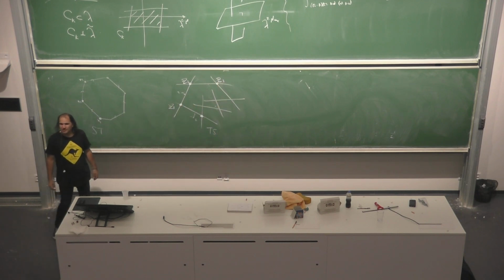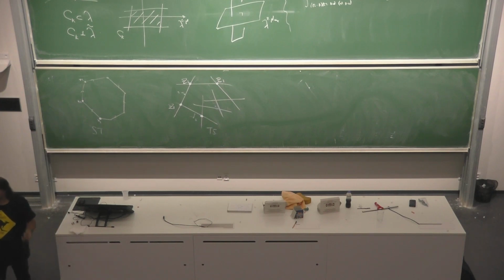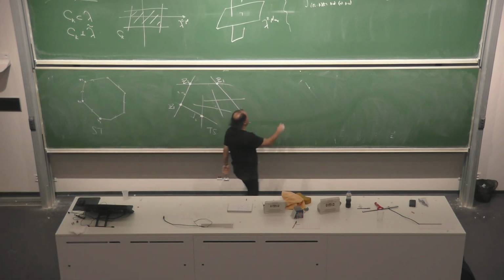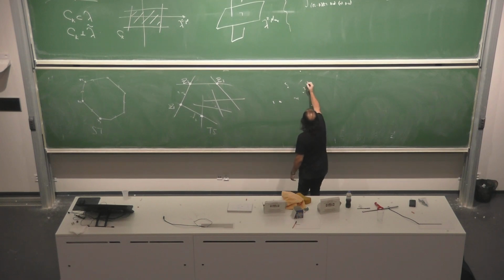In other words, if you just give me n Z's in P3, n points in P3, just give me n points. So let's do it backwards. Give me n points in P3 to begin with. 1, 2, 3, 4, 5, 6. Okay?